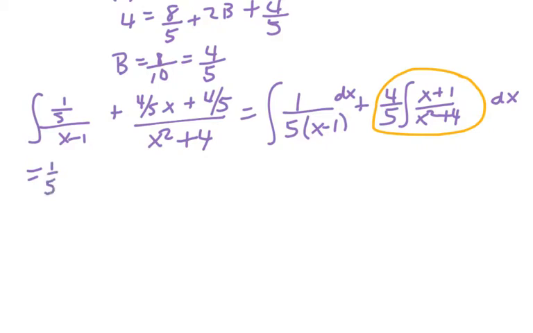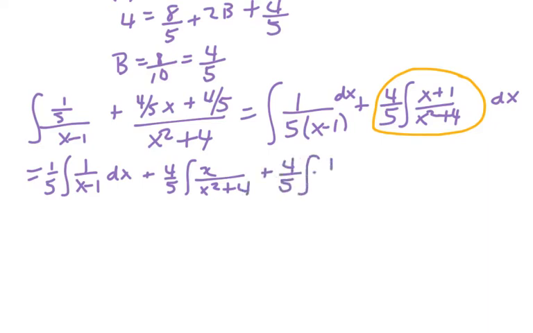I'm going to pull out the 1/5, 1 over x minus 1 dx, plus, if I split the fractions out, I'm going to end up with 4/5 times x over x squared plus 4, plus 4/5 times 1 over x squared plus 4.